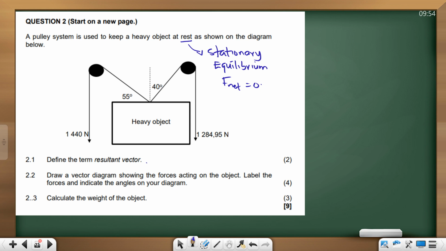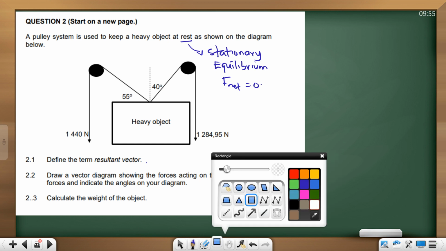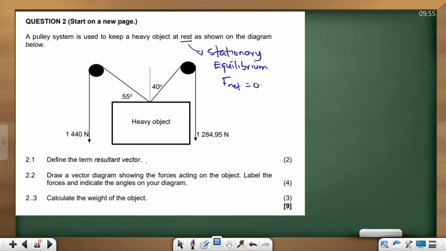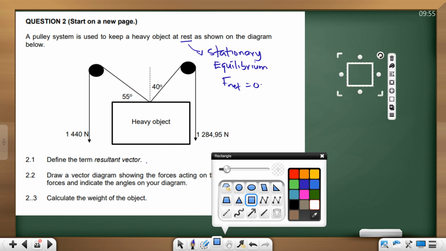2.1, that everybody should get. 2.2. Draw a vector diagram showing all the forces acting on the object. A vector diagram, guys, let me help you with that one, but you will do the calculation. I'll use a box, and then I'll draw all my forces.